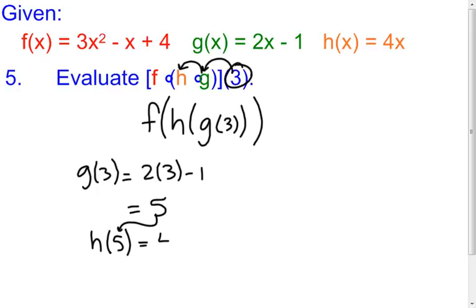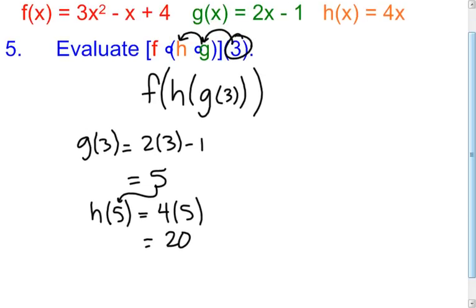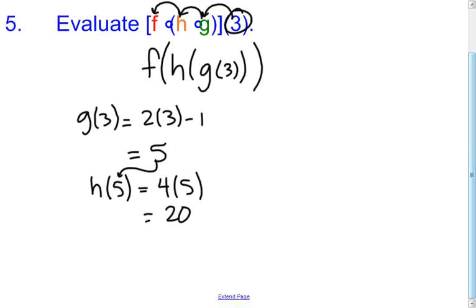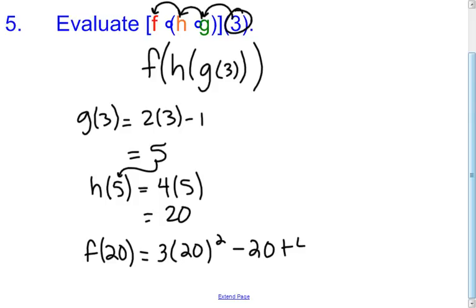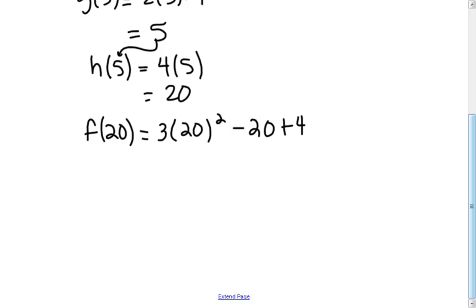Plugging it into H's equation, I have 4 times 5, which is 20. And then I'm going to take that 20 and plug it into F's equation. So I want to plug it in for F wherever I see an X. So I will go F of 20, which ends up being 3 times 20 squared minus 20 plus 4. 20 squared is 400.